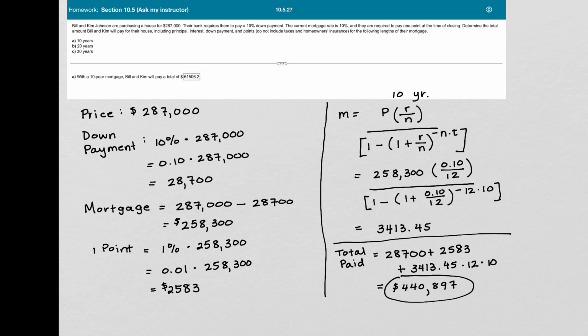Now let's take a look at part B. So what I'm going to do is change this 10-year to 20-year. I've taken out the other references to 10 years, and I'm going to replace that with 20 years. So most of this is going to be the same.